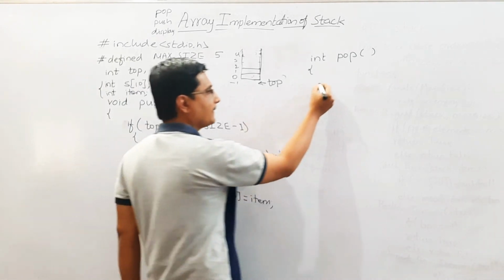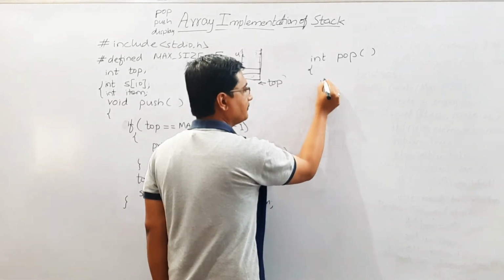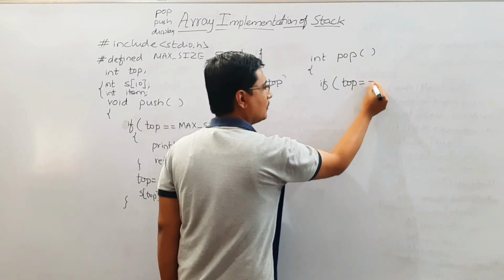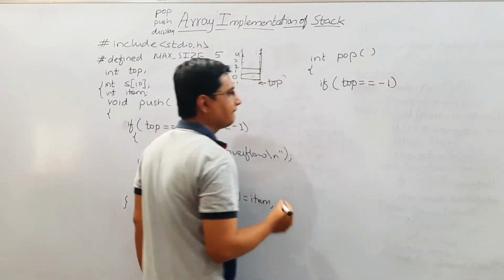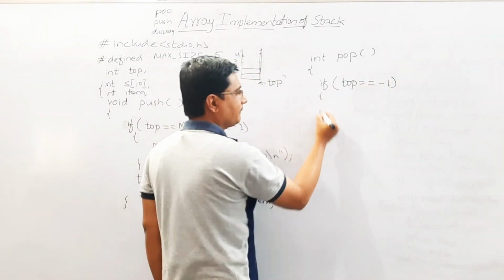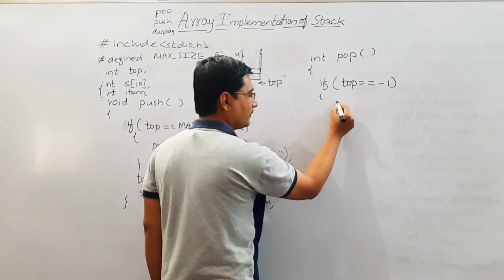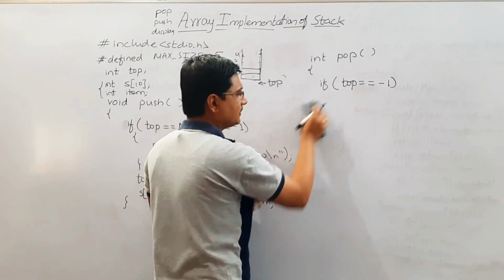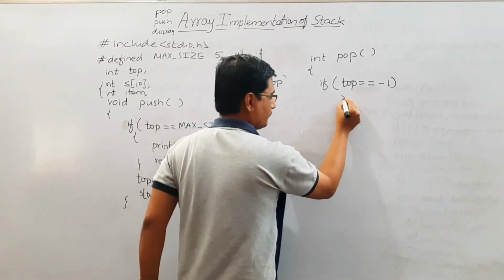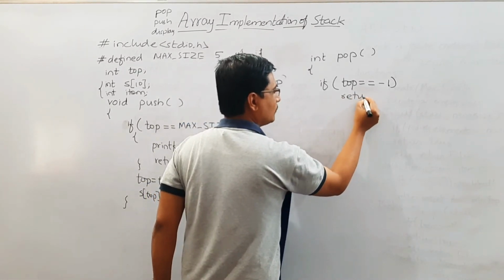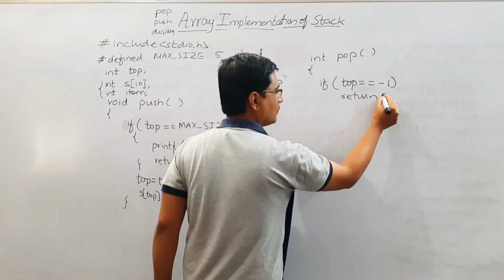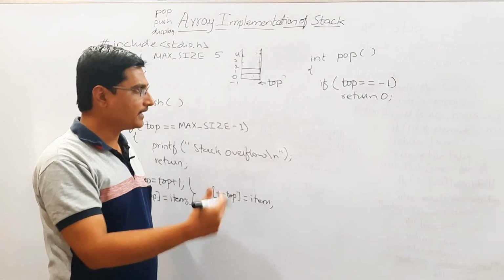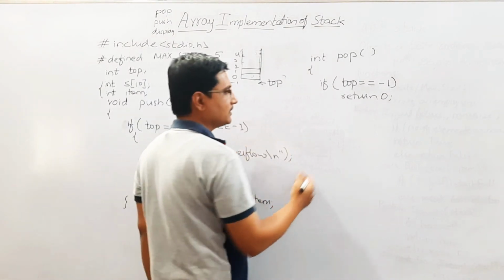To do that, if top is equal to -1, then I need to return 0. I am not going to return any popped element, so I am going to return 0.